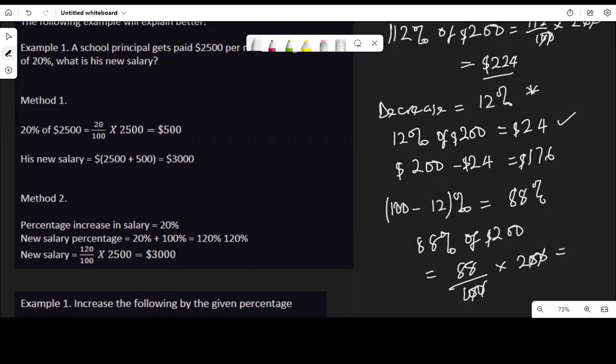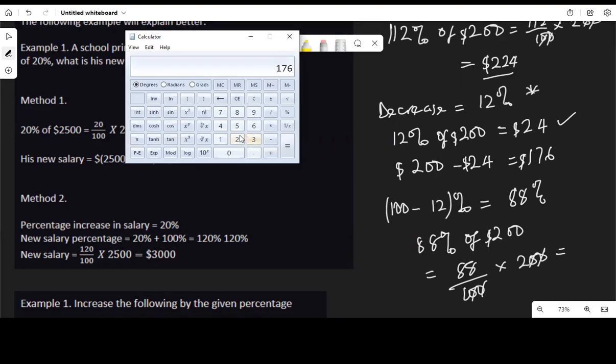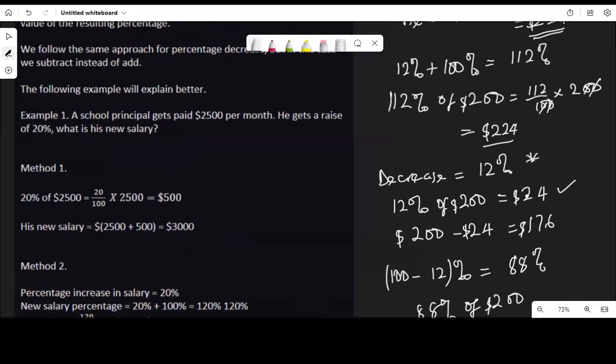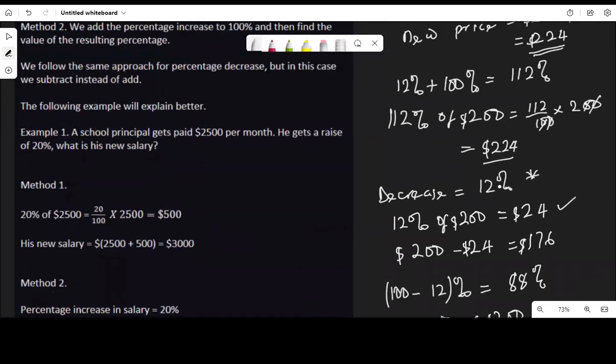And 88 times 2, we can see we arrive at the same answer of 176. So these are the two approaches we use in calculating percentage increase and decrease.